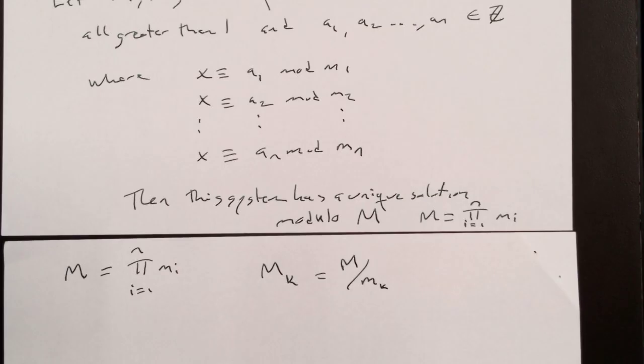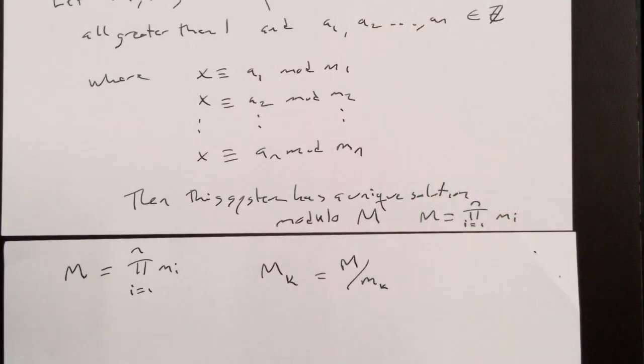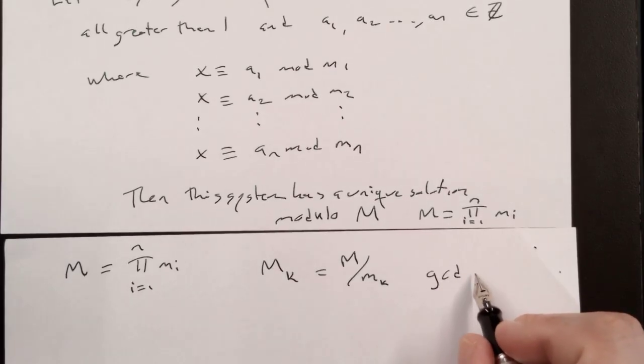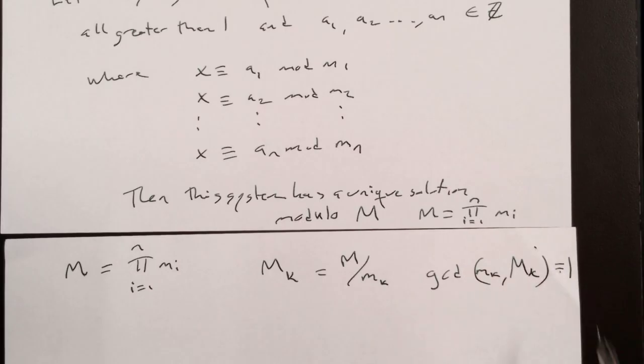Remember that the little m's are pairwise relatively prime, yes? That's what it said up here, pairwise relatively prime integers. That means that the greatest common divisor of little mk and big Mk must be 1. Hey, wait a minute. The theorem I just proved about inverses required the greatest common divisor to be 1, right? That means there's an inverse for capital Mk in the universe of little mk.